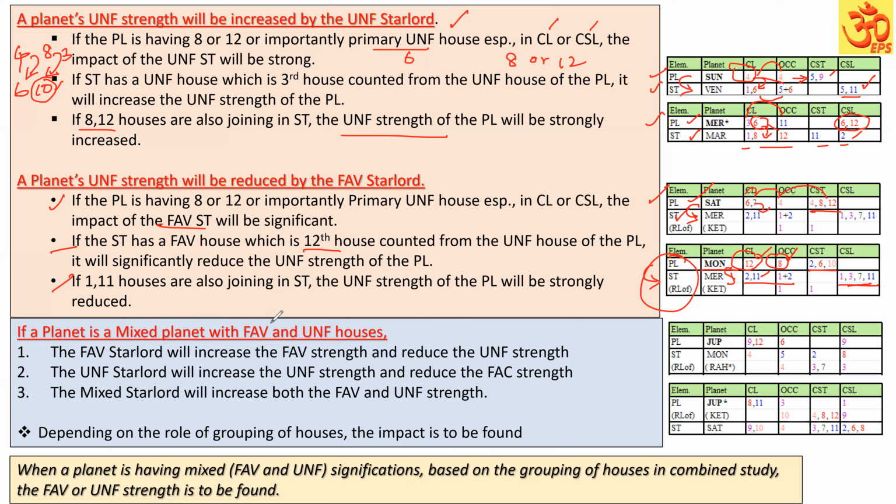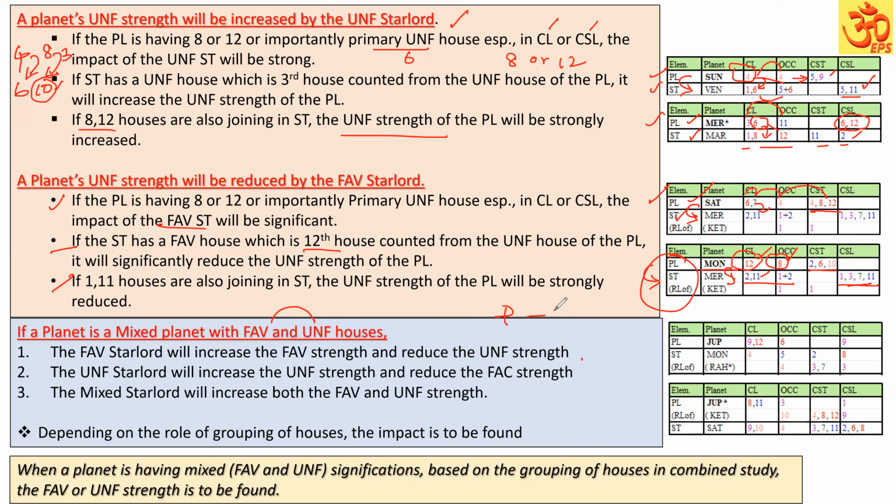The planet is having both favorable and unfavorable. If the star lord is favorable, the favorable strength of the planet will be increased. If the star lord is unfavorable, the unfavorable strength of the planet is going to be increased, right? Now, if the planet is favorable, that favorable star lord will increase the favorable strength and reduce the unfavorable strength.